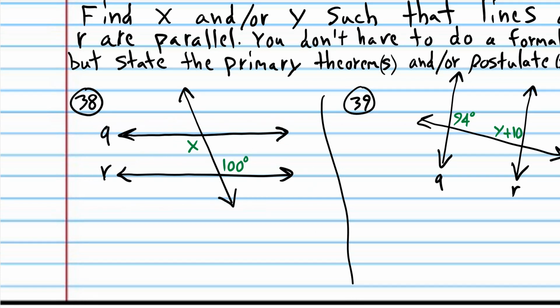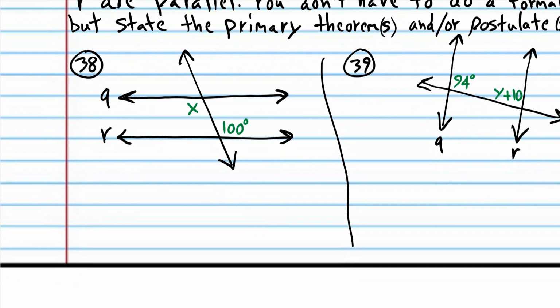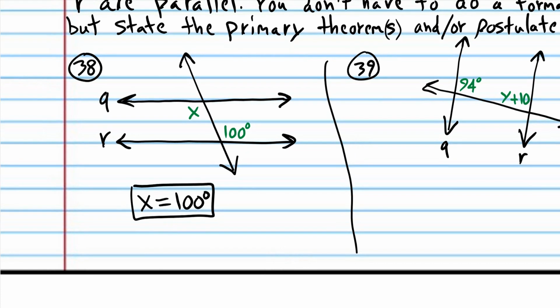Well, we know by the alternate interior angles converse theorem that if this angle is equal to this angle, then by that converse theorem, the lines Q and R must be parallel. So this is an easy problem. We just say x is equal to 100 degrees. But we have to state the theorem that we used. We use the alternate interior angles converse theorem.